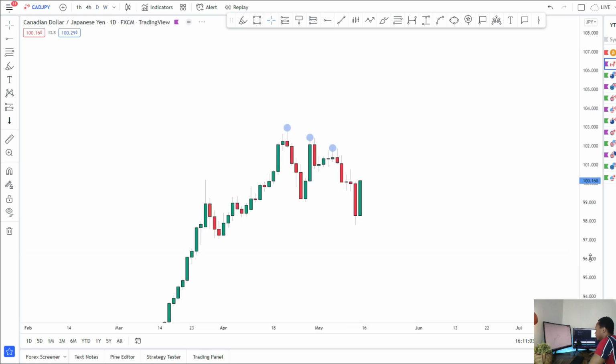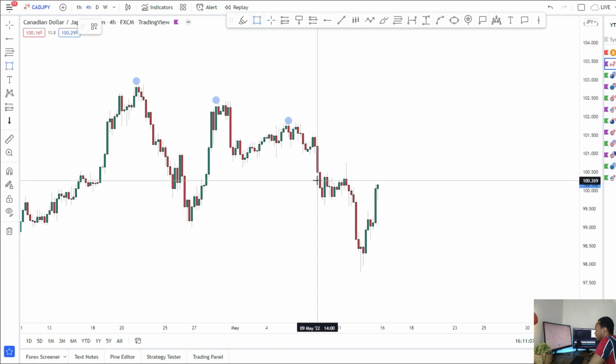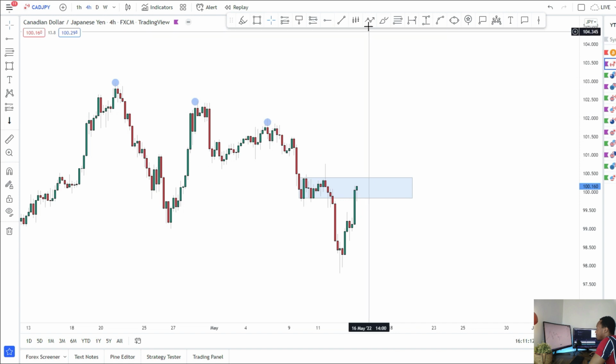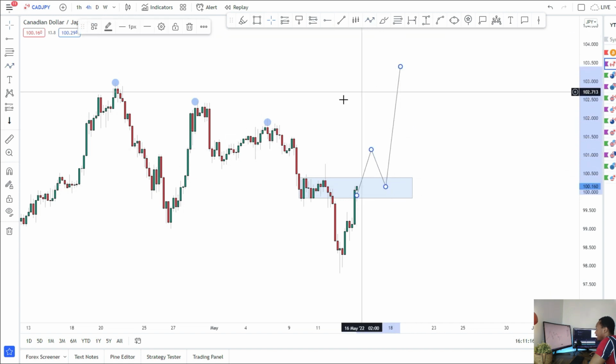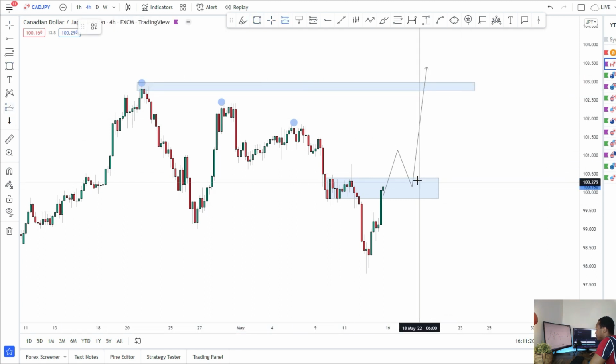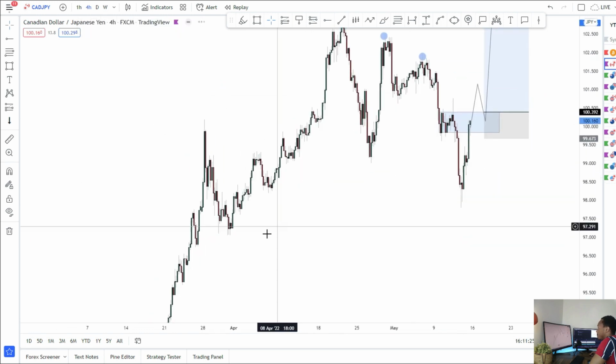So CAD JPY, we are coming into this area right now of consolidation, which the market broke to the downside pretty steeply. If we can break above this level and use it as support, I'm expecting the next higher low to form and price to move back into these highs up here. So that is mainly what I'm going to be looking for on CAD JPY, because I'm not bearish yet for this one.